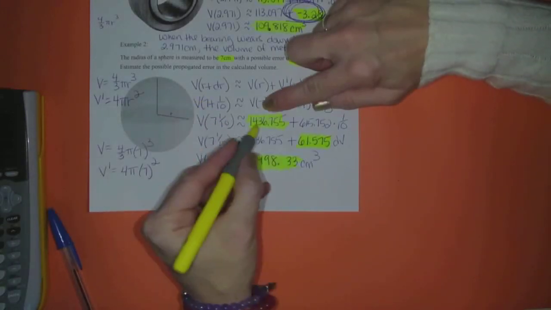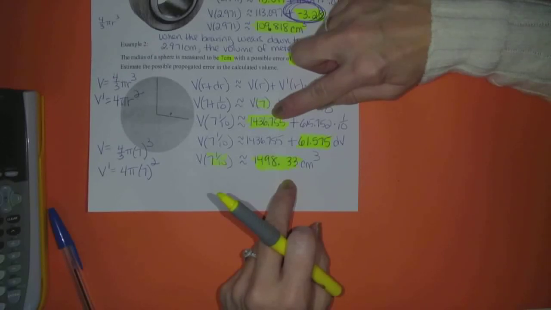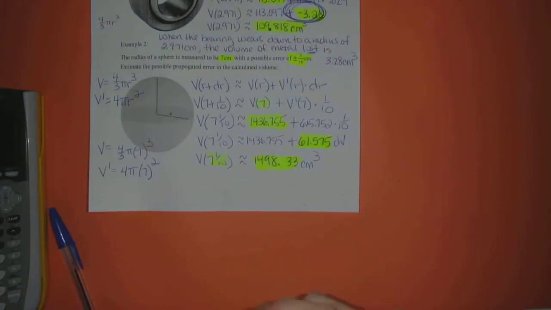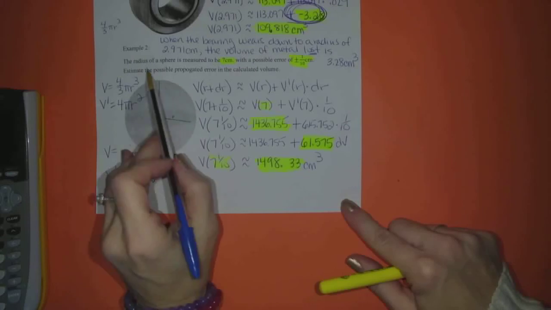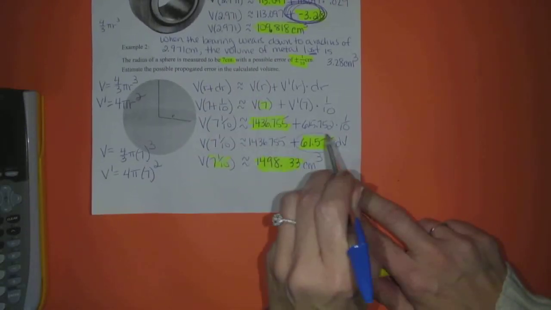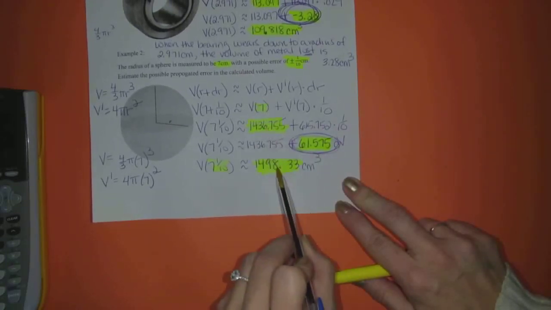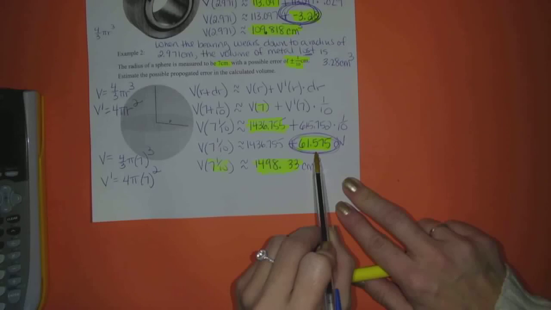If you increase the radius from 7 to 7.1, the volume should increase. Okay? But by how much? Well, it says estimate the possible error in the calculated volume. This is the error right here because these two differ by that much.